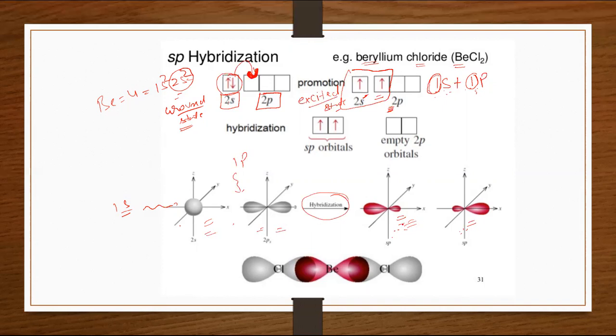So two hybrid orbitals are formed, that is one sp orbital and a second sp orbital. When they combine, they have linear geometry like this.